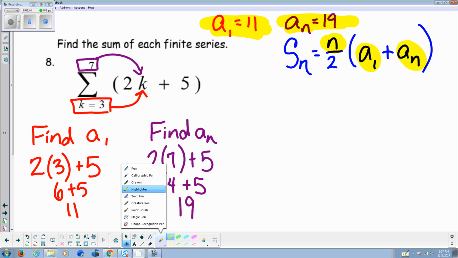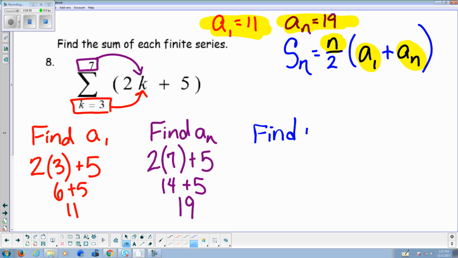So in order to find n, this is how we find n: take our upper limit of 7, and we subtract our lower limit of 3. But then you have to add 1, because this is like finding the term where we substitute in 3, 4, 5, 6, and 7.